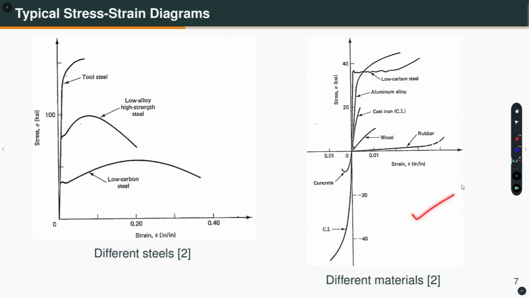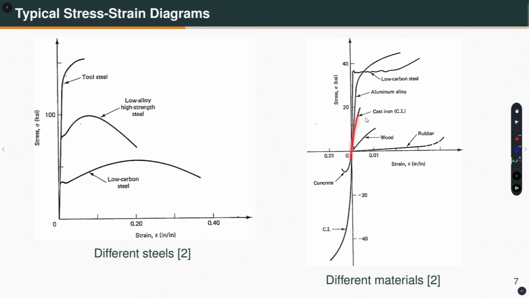Here on the right hand side, we have the stress strain response for different materials. For example, this is the low carbon steel, which is not shown completely because the strain range here is smaller. Here we are going up to 0.4, here it is much smaller. So for low carbon mild steel it is shown only up to this, and this is for aluminum alloy, this is for cast iron.